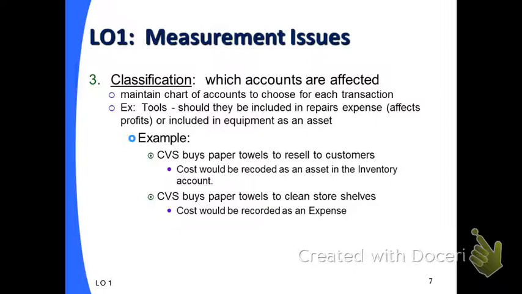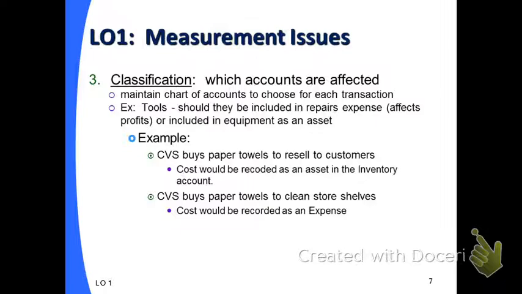If we have an example of tools, and those tools are often used in the repair of the equipment for the company, we have the question of, should the tools be included in repairs expense, which affects the profitability and stockholders' equity of a company, or should they be included in equipment as an asset? So a company has to decide what approach they're going to use, and then they again need to be consistent.